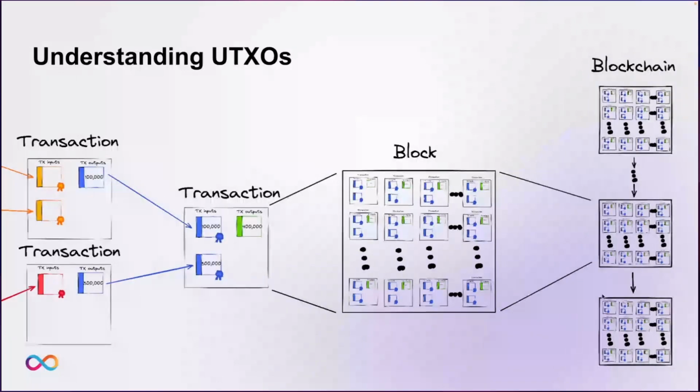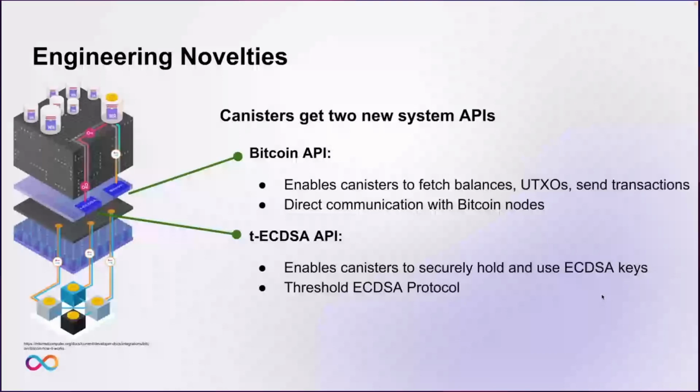So with that out of the way, let's talk about why no other blockchain has built this direct integration yet. It turns out that it's not that easy, and there were 2 technical hurdles that had to be overcome to enable a direct integration of BTC into the IC. The first one is a protocol level integration of the Internet Computer with the Bitcoin network. This means that the replicas, the physical machines that run the Internet Computer protocol, directly communicate with Bitcoin nodes.